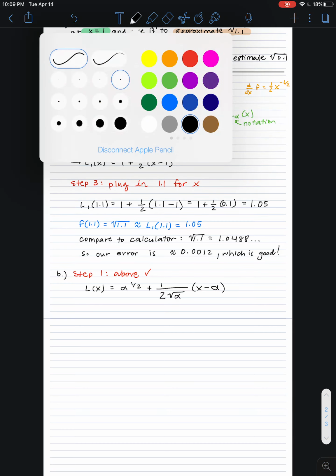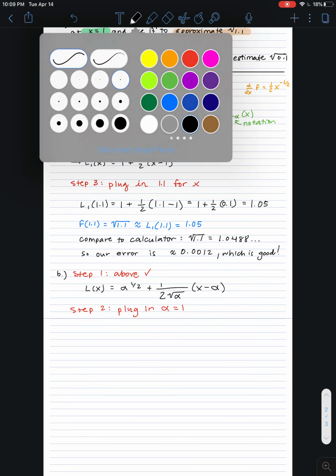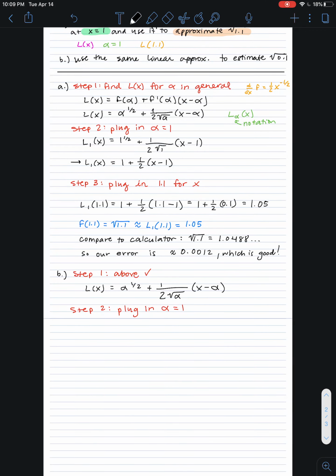Okay, we already did that. Now step 2, we're going to be plugging in alpha equals 1, which we also did above, and we get L sub 1 of x is equal to 1 plus 1/2 times x minus 1. Again, we already did that.